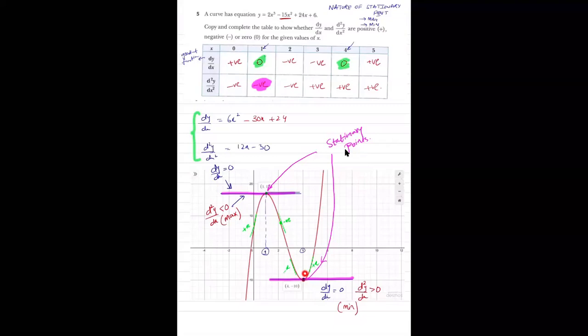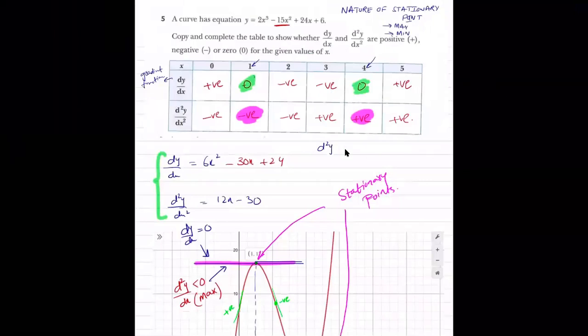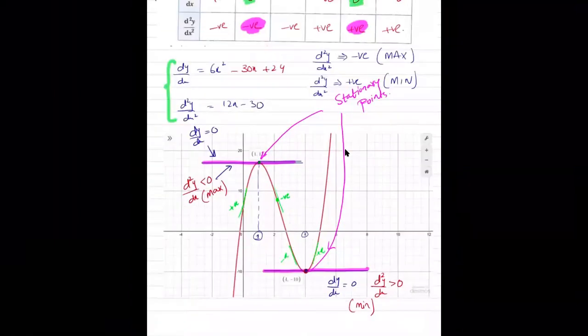Then what happens at x equals 4? dy by dx is 0, but we have a positive second derivative. So the concept is that if the second derivative is negative, then it refers to the maximum point. If the second derivative is positive, it refers to the minimum point. And we can see from the graph that at x equals 1, we are getting a maximum point, and when x is 4, we are getting a minimum point.